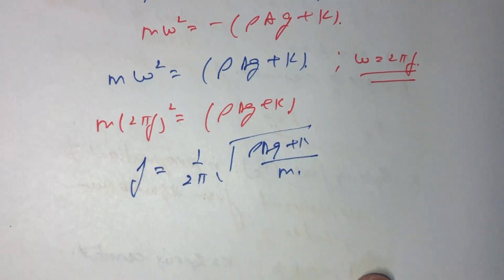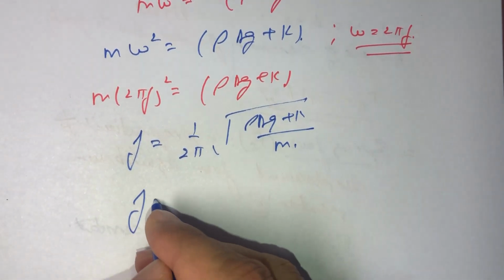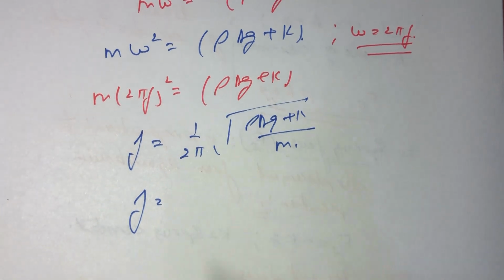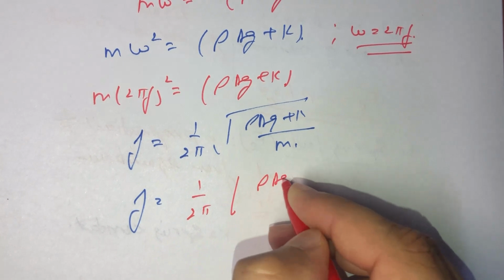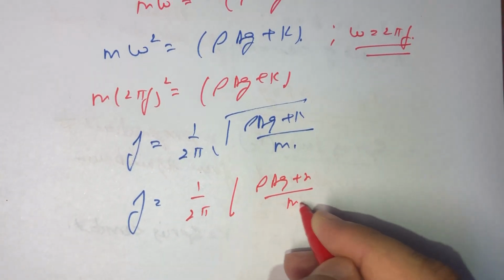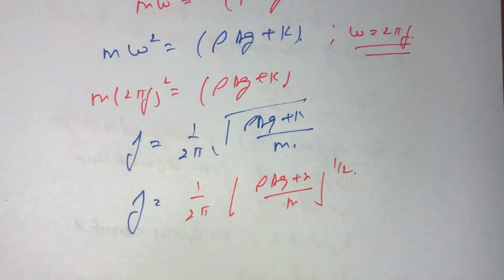In terms of the solutions which are given, we can write this as f is equal to 1 upon 2 pi times (rho a g plus k upon m) whole raised to power 1 by 2.